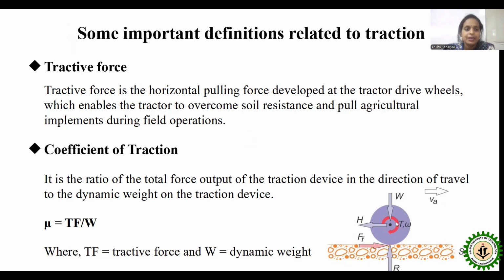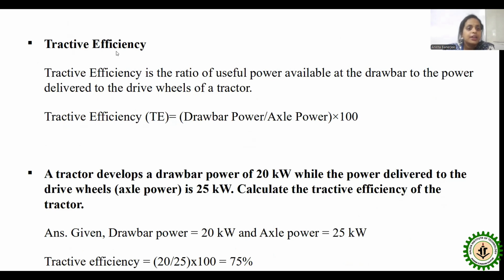Okay, next slide. Next, tractive efficiency. So what is tractive efficiency? Tractive efficiency is the ratio of useful power available at the drawbar to the power delivered to the drive wheels of the tractor. Okay, tractive efficiency basically is denoted in percentage. It is the ratio of drawbar power by axle power.